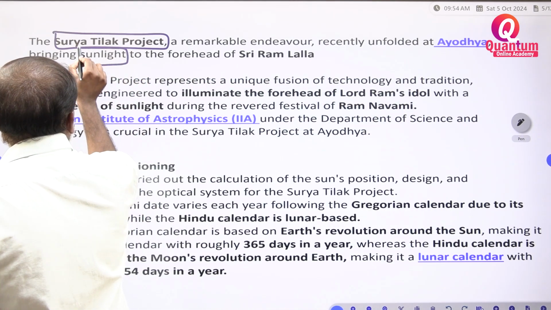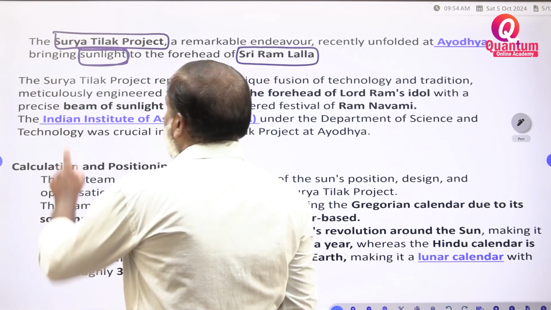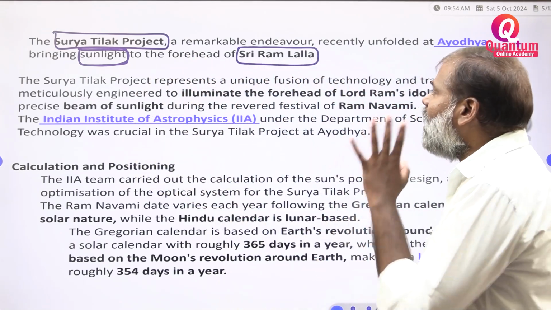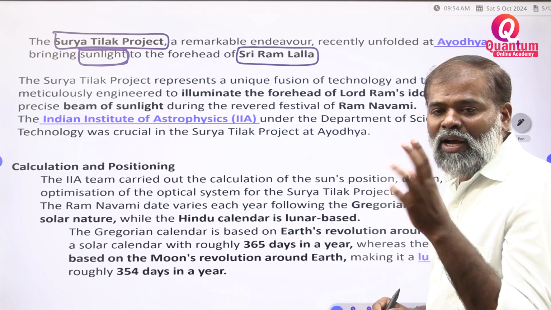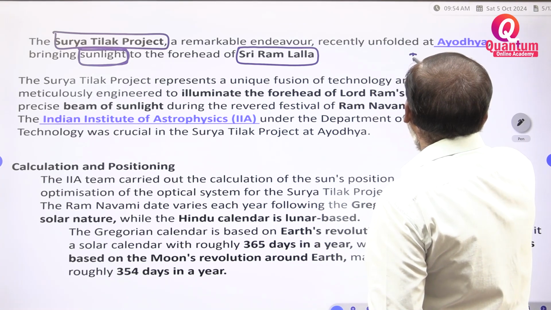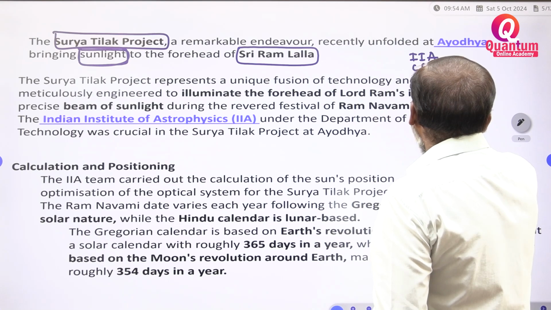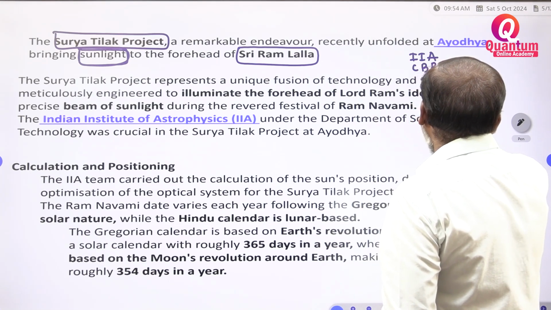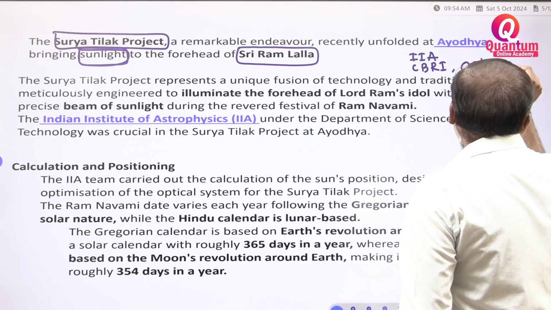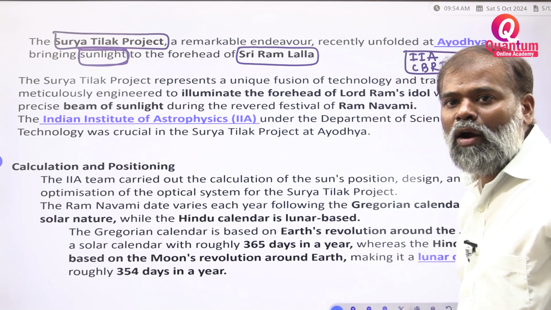Under this project, three institutes are involved: the Indian Institute of Astrophysics, the Central Building Research Institute, and Optica. So two institutes are in Bangalore, and one institute is in Roorkee, Uttarakhand.